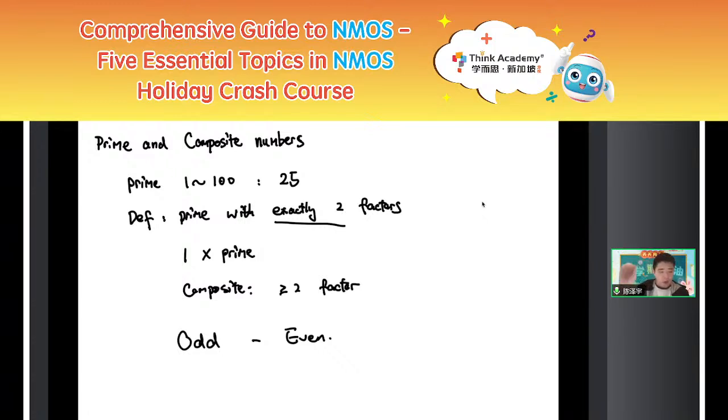What is the number that pops up in your mind? An even prime? Yeah, the even prime can only be 2. This is the special one. Even prime is 2.